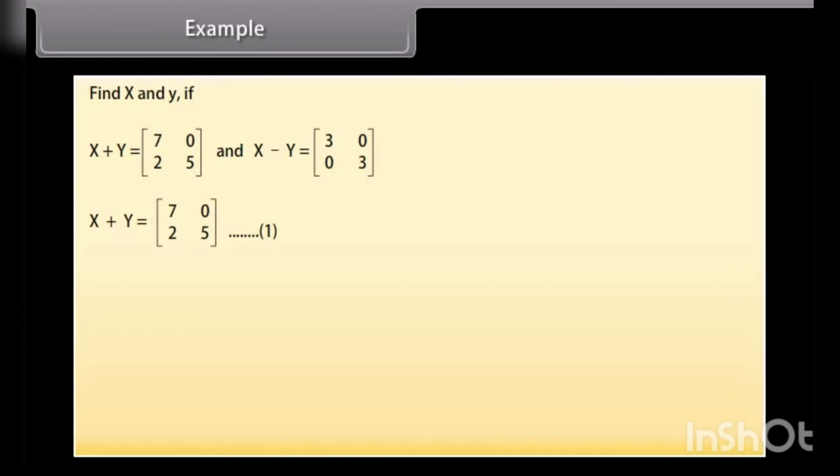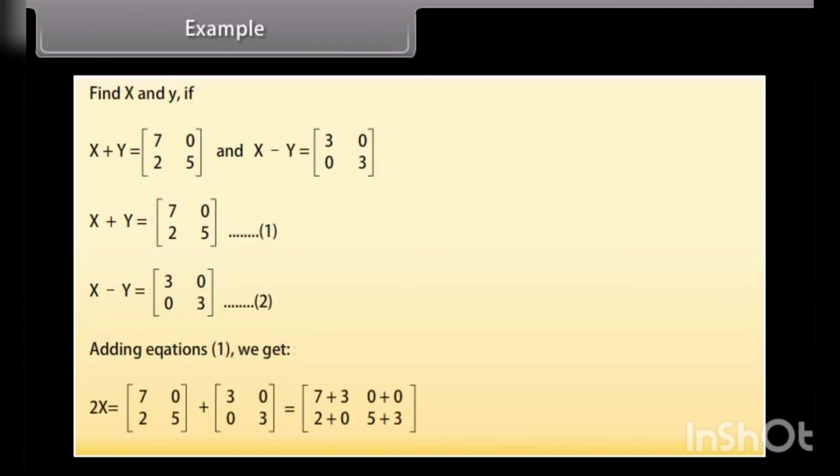Given X plus Y and X minus Y, mark them as 1 and 2. Now, add equations 1 and 2, we get 2X is equal to the matrix, row-wise, first row 10 0, second row 2 8. Therefore, X is equal to the matrix, row-wise, first row 5 0, second row 1 4.